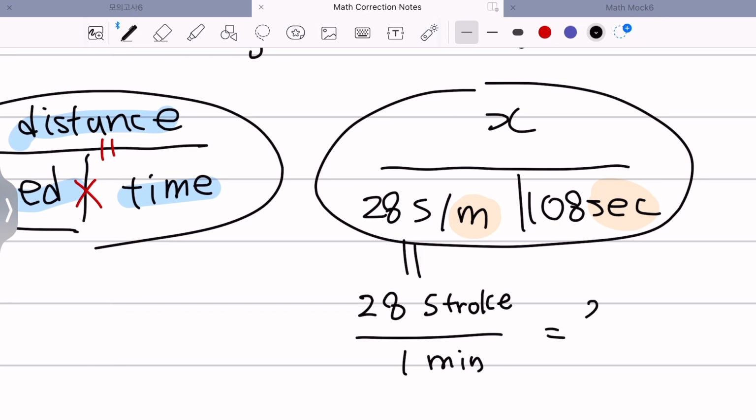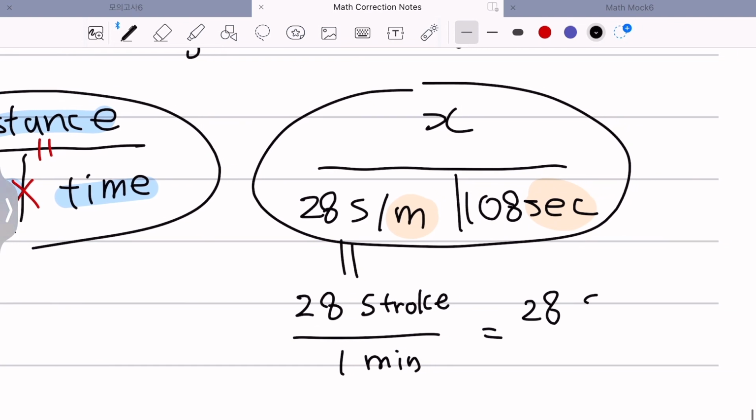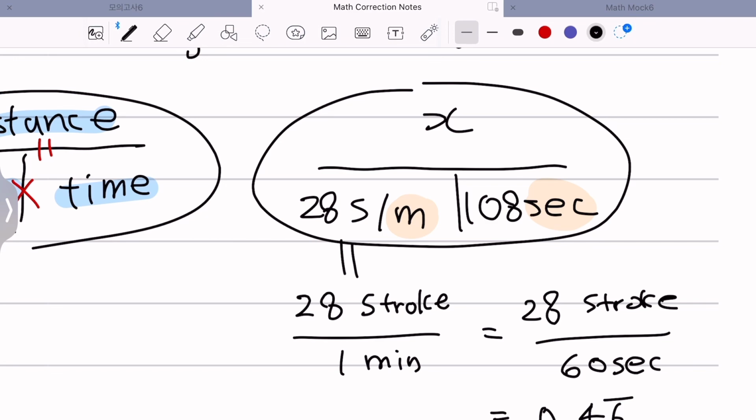And it would be 28 strokes per 60 seconds, which is 28 over 60. So it would be 0.46 strokes per second.